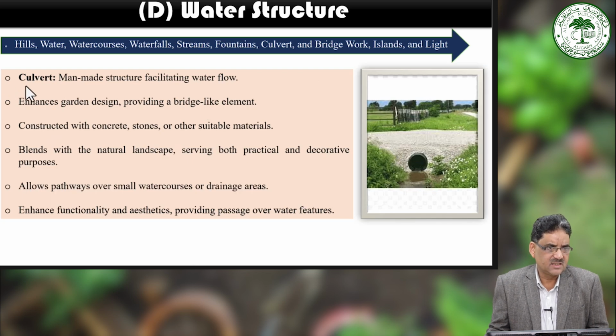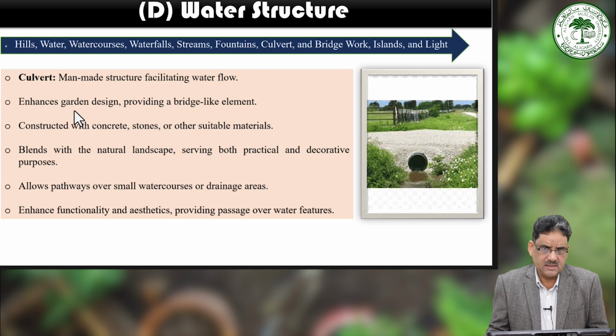The next feature is basically the culvert. It is a man-made structure facilitating water flow and enhances garden design by providing a bridge-like element. It is typically constructed with materials like concrete or stones.